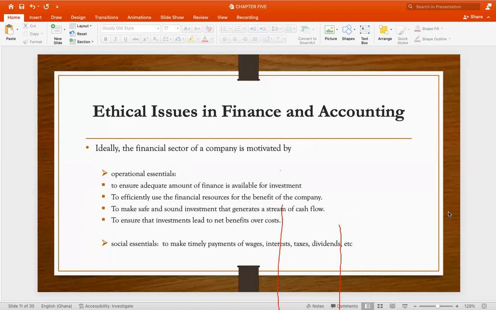The social essentials in financial accounting are to make timely payment of wages, interest, tax, and dividends. Once you are in finance and accounting, you would always want to ensure that you pay all these things. That is ethical, so that you will not default in those areas.